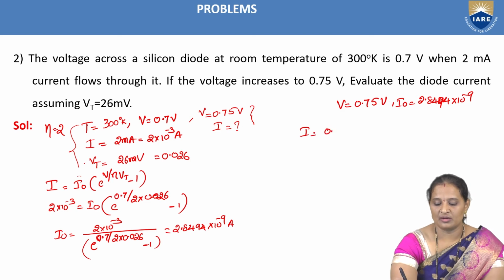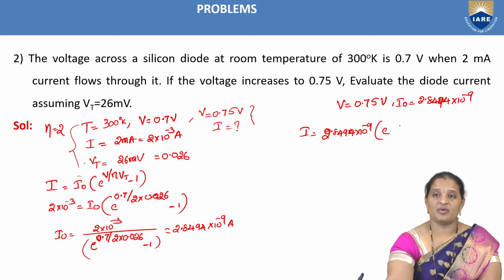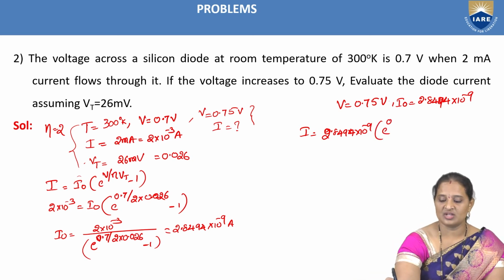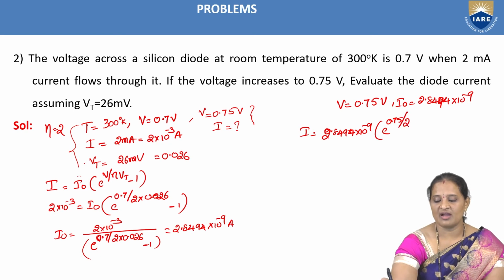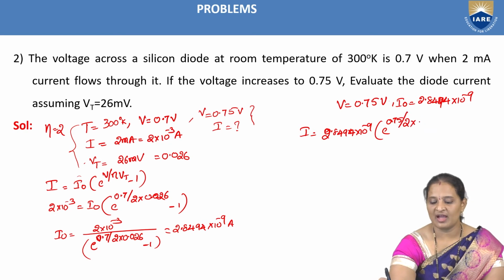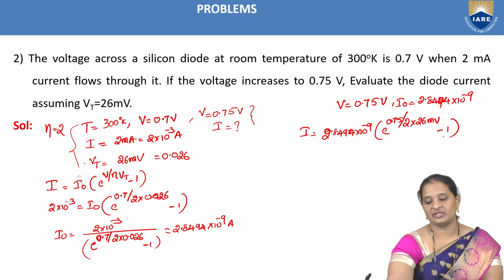The reverse saturation current is 2.8494 into 10 to the power of minus 9 e to the power of V. V is now 0.75 divided by eta value 2, and Vt value. He didn't change the temperature, only he has changed the applied voltage to 0.75.